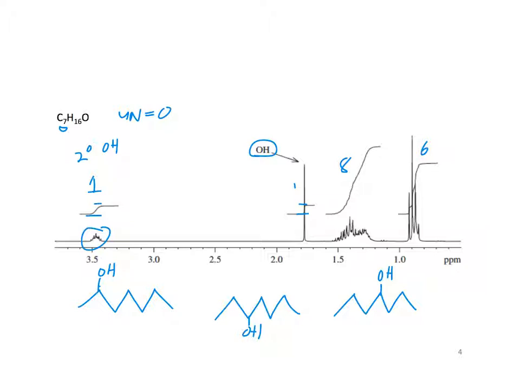Are there any of these that we could rule out? Symmetrical. So we can rule this one out, because that's symmetrical and it would give us a much cleaner spectrum. If we had the methyl right next to the OH group, it should be pulled way farther up than it is. It also would show a doublet.